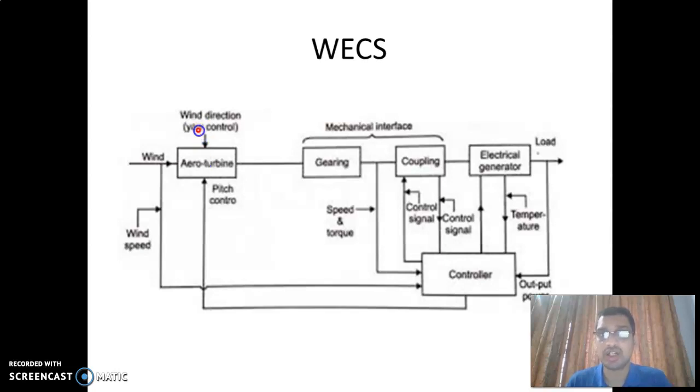The yaw controller helps to change the turbine position. So the main difference: the pitch controller changes the position of the blades only, but the yaw controller changes the position of the overall structure of the turbine. So that's all about WECS. In WECS, mainly two conversions take place: one is kinetic energy to mechanical energy, and second is mechanical to electrical energy.